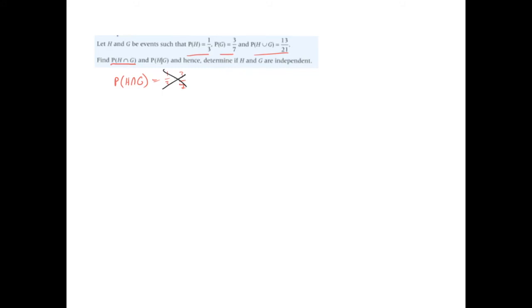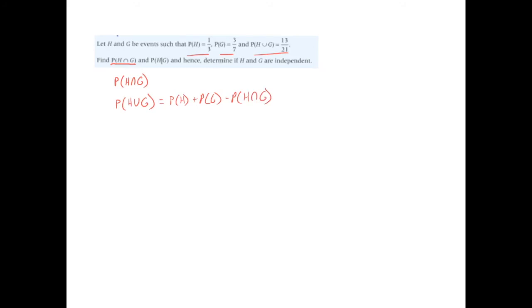All right, so we're going to get rid of this. We're going to have to come up with some other way to get the intersection. Now, you may have recognized that one of my probability laws is the probability of H union G is equal to probability of H plus the probability of G minus the probability of H and G.